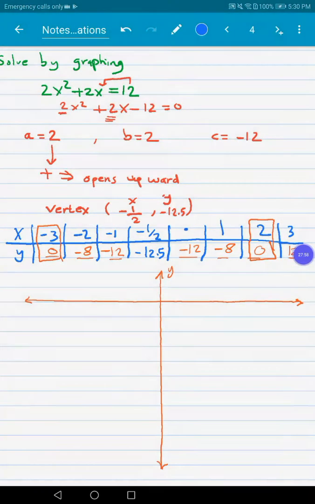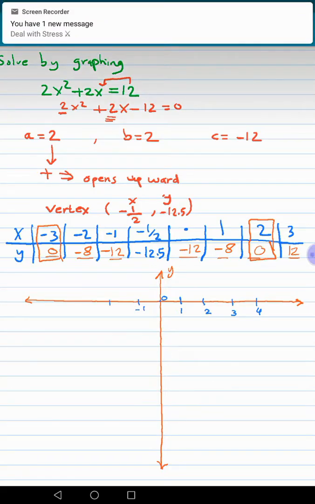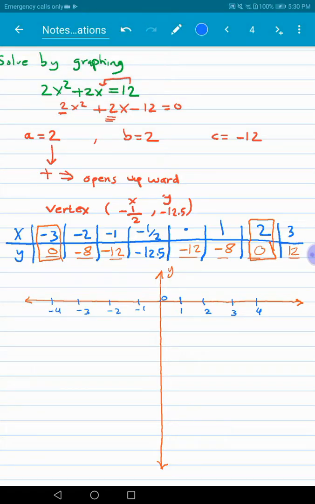Now if you look at the x values, they are small values. So this is 1, this is 2, this is 3, this is 4, this is 0, this is negative 1, negative 2, negative 3, negative 4. Look at the y values. They are ranging from negative 12 to 12.